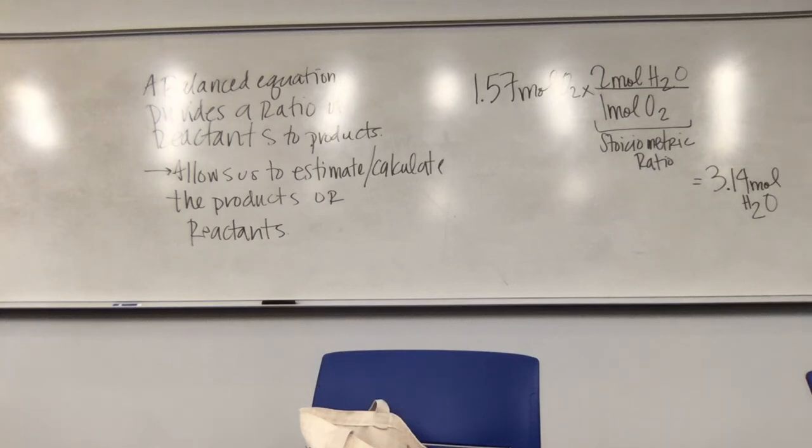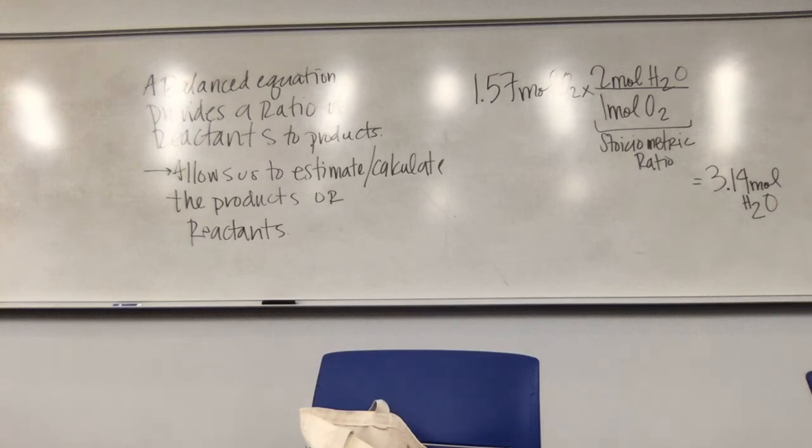So Avogadro's number is when you want to go to atoms or molecules. In this case, we're just starting with moles and going to moles. Usually, Avogadro's number and balanced chemical equations are not part of the same calculation.